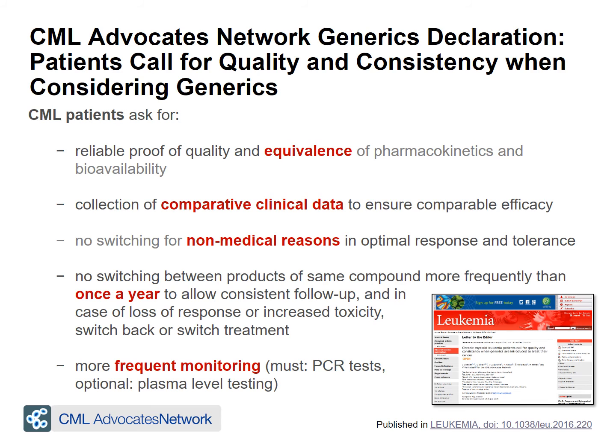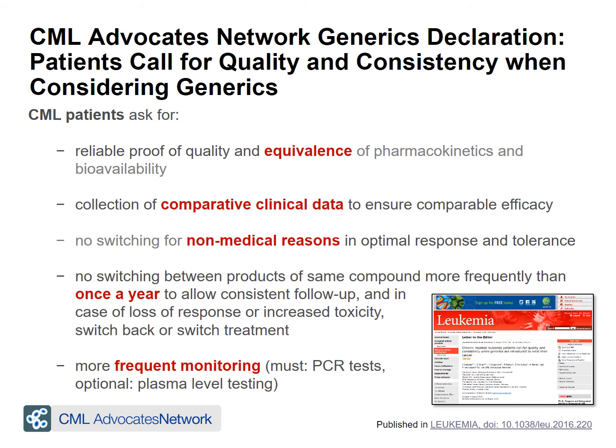We recommended there should be a collection of comparative clinical data to ensure comparable efficacy, similar to the data we've seen from India and the data we've seen from Poland. More should be done because it's not a general requirement on generics to collect clinical data, but this should be done to make really sure that what patients are getting is as effective as the original.